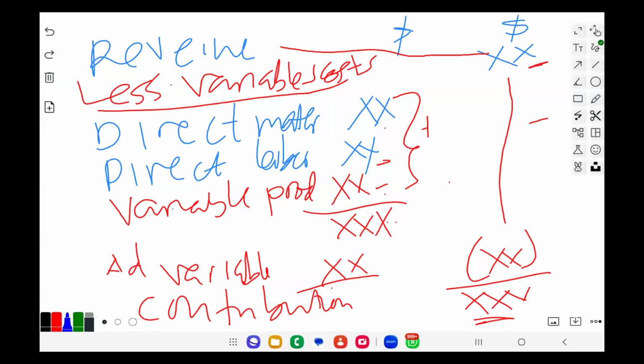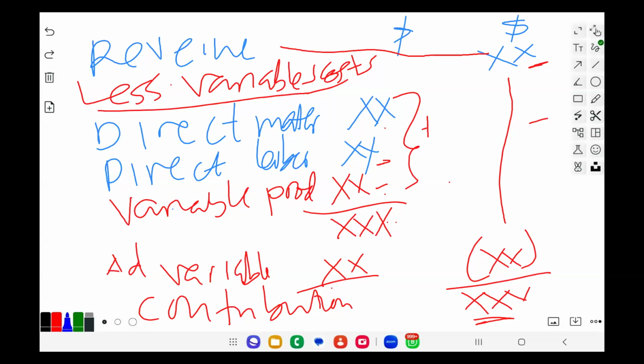To this figure, you will add the variable non-production overheads, or variable selling expenses, they are non-production variable overheads.